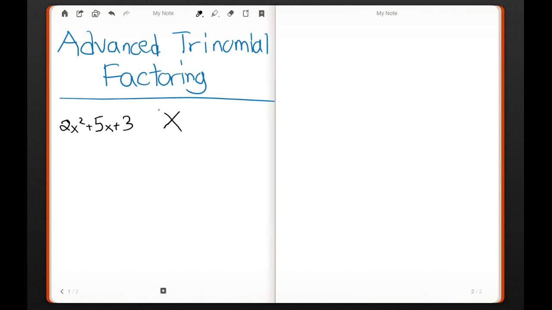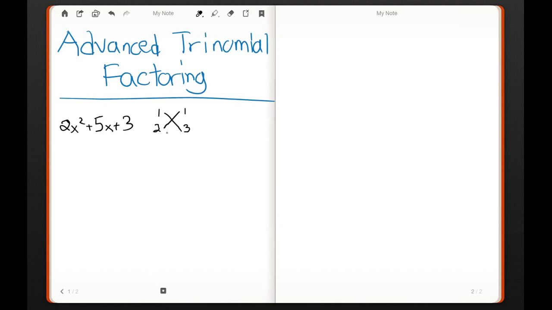This is pretty easy. We can just use 1 and 2. On the right side of the x, we're going to put 2 numbers that multiply to the constant, the number on the right side here. So what are 2 numbers that multiply to 3? That would be 1 and 3.